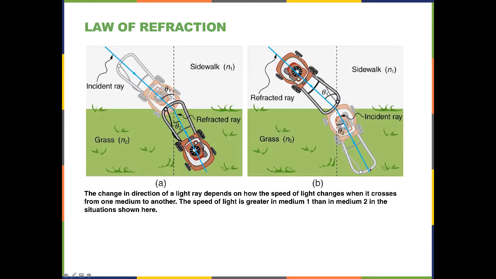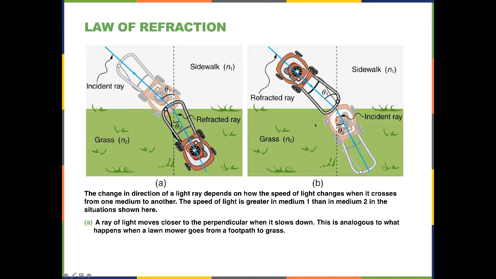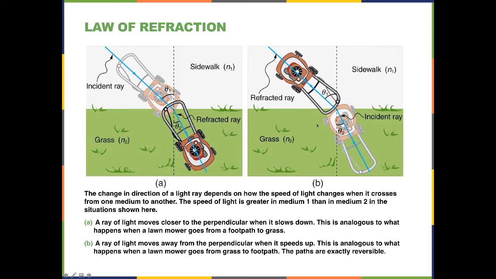Conversely, if it goes from slower to faster, it bends away from the normal. Slower being the grass in this example, and the sidewalk being faster. So it moves closer to the perpendicular if it slows down, and it moves away from the perpendicular if it speeds up.